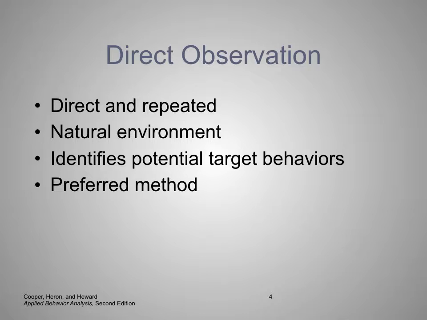Direct observation and repeated observations of clients' behavior in the natural environment are the preferred methods for determining which behaviors to target for change. A basic form of direct continuous observation is called anecdotal observation, or ABC analysis.